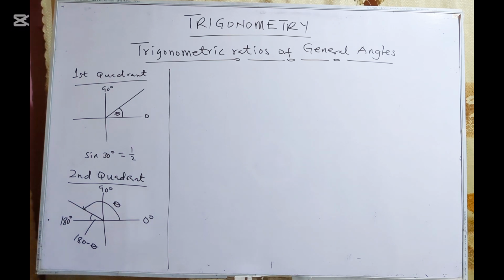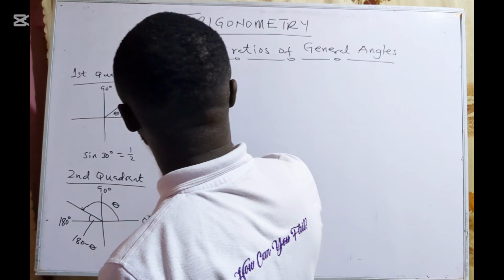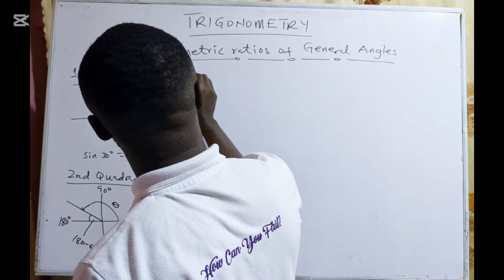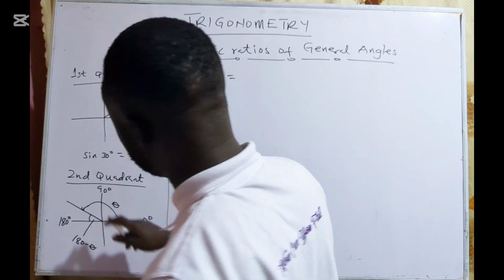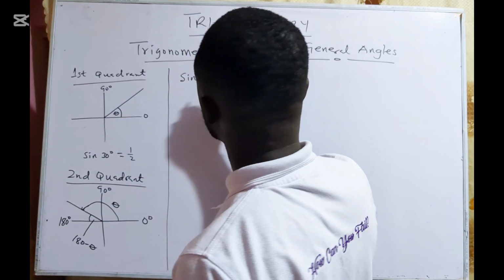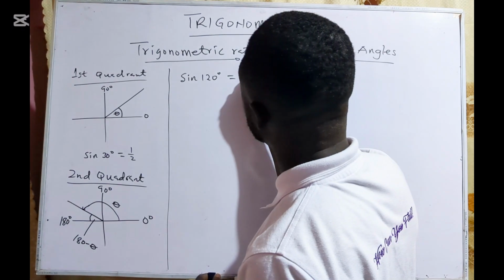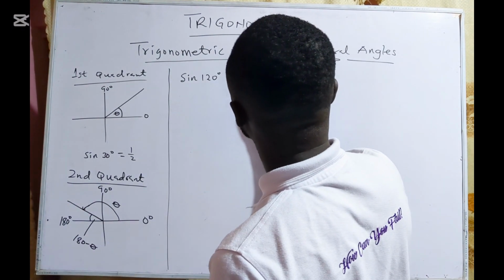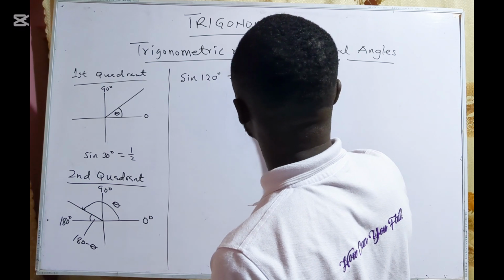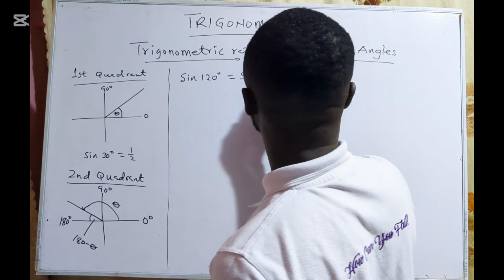So what we are going to do is find the angle on the x-axis in that particular quadrant. For example, if I'm asked to find sine 120 degrees, you see that 120 is between 90 and 180. You write it as sine of 180 minus theta, so 180 minus 120. And what is 180 minus 120?